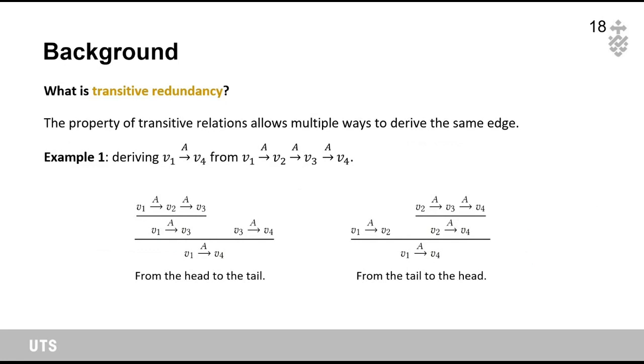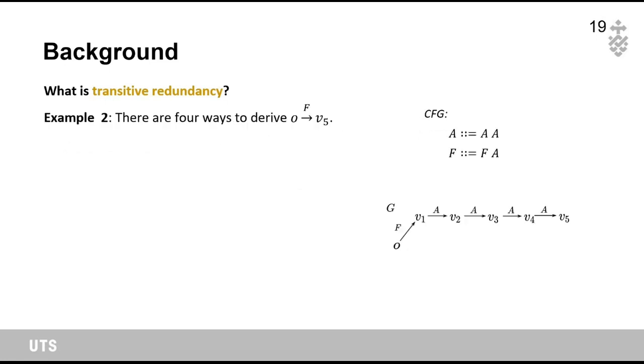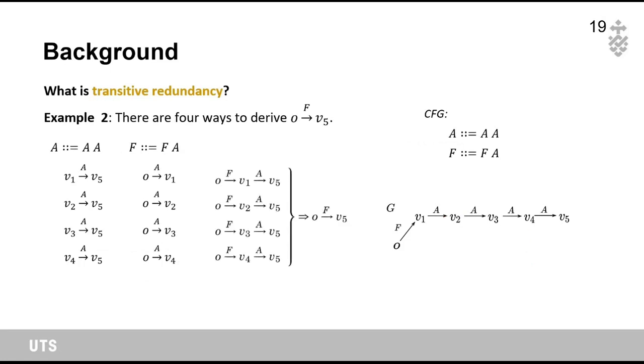In this example, we have two ways to derive the edge v1 a v4 from the path v1 a v2 a v3 a v4. We can either derive the edge from the head to the tail, where the edge v1 a v3 is derived first, or from the tail to the head, where the edge v2 a v4 is derived first. Here is another example.